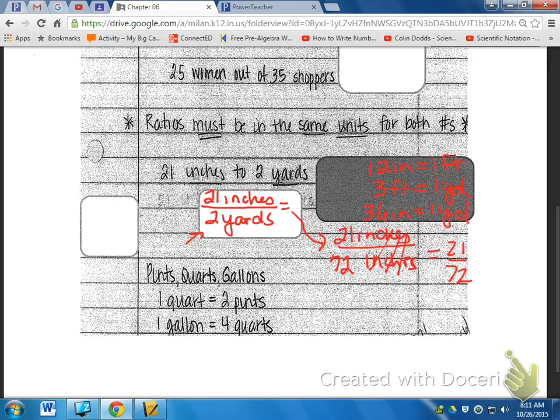On 21, what numbers go into 21? 3 and 7. Well, does 7 go into 72 evenly? No. But 3 might.